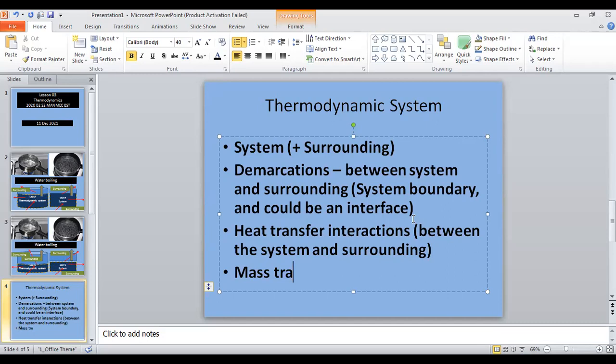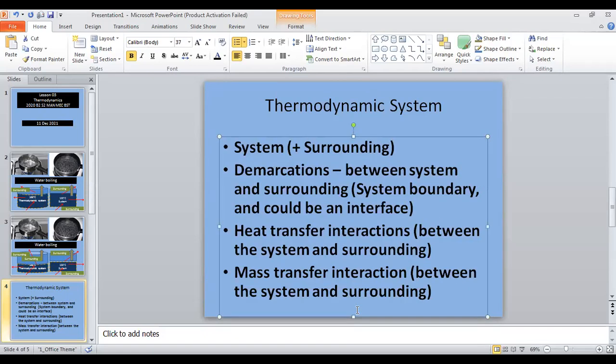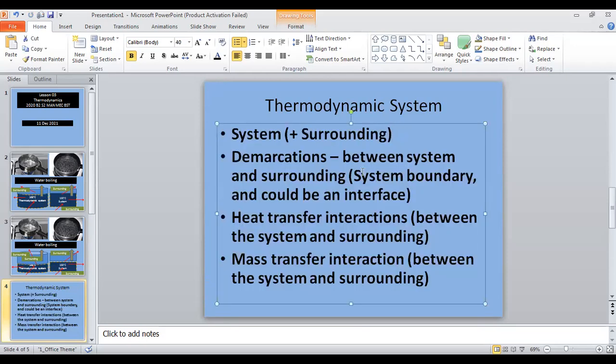Mass transfer means moving masses from one place to another. So it's transfer. Mass transfer interactions: lost by the system, or lost from the system, gained by the surrounding. Again, between system and the surrounding. Also, there is a possibility of moving system boundaries.